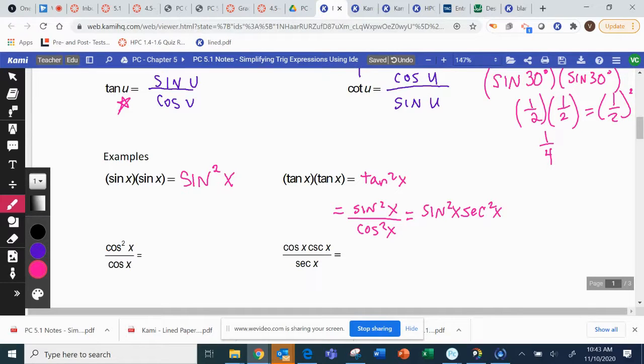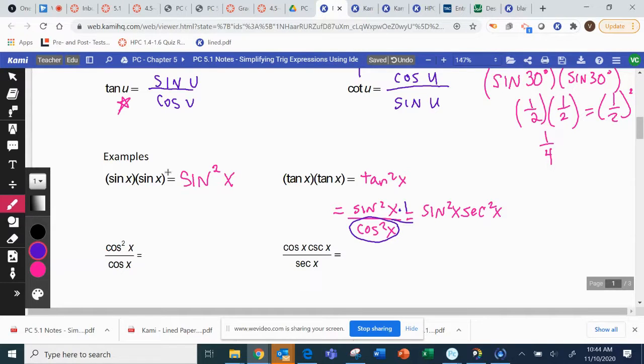So I could write it like that. Can anybody figure out what I just did? Right, the cosine right here, currently it's like 1 over cosine squared x, and secant x is equal to that.